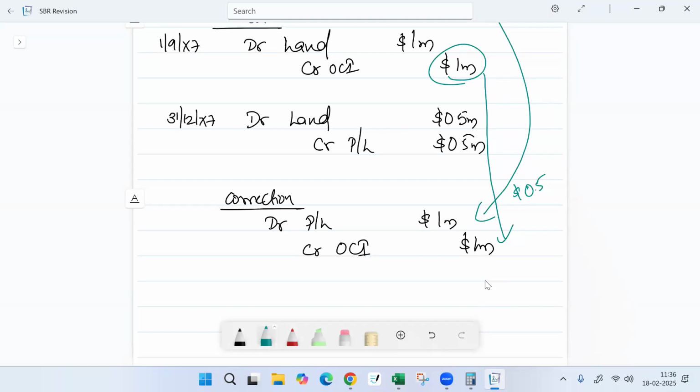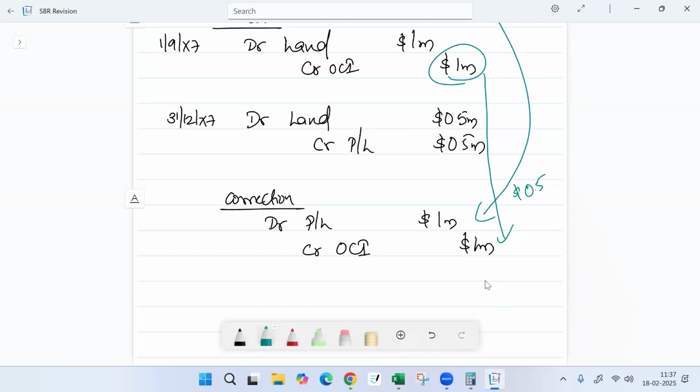So here the cost of land was correctly recognized as property, plant and equipment until December 31st. However, when there was a change in the model from business owned property to rental income, it should be recognized as an investment property from 1st September 2007.